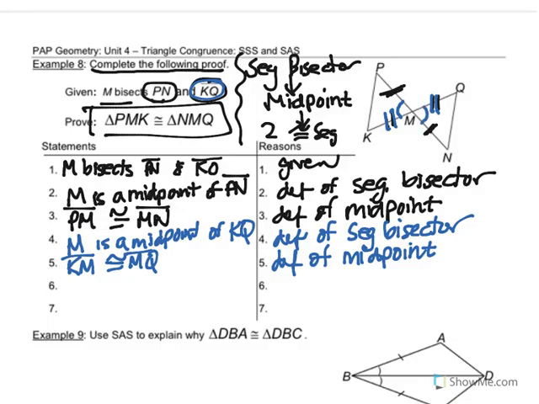And how would we name those? Remember, we want to always name it with the middle one as our angle. So we're going to say angle KMP is congruent with angle QMN.